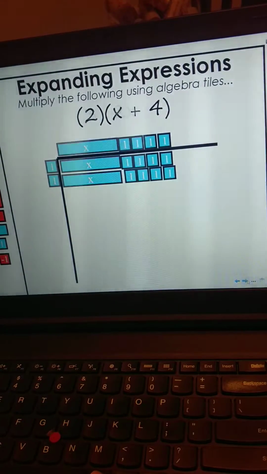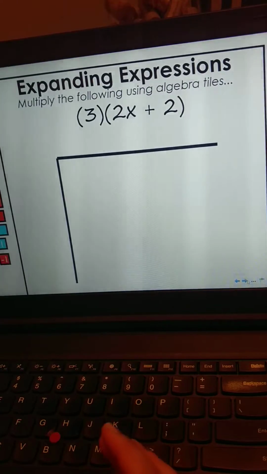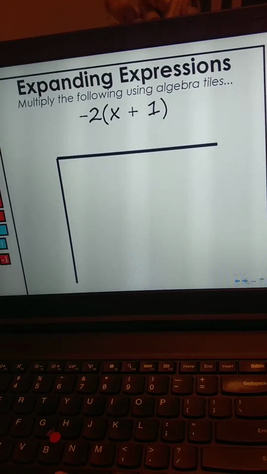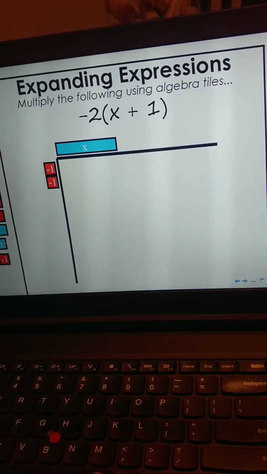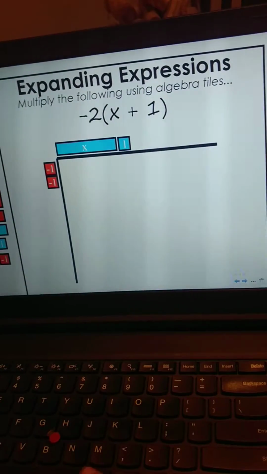So then I might have them try this one on their own, see where they are, address any misconceptions that I see at the time, and introduce this one now because it's a negative. So putting my -2 here, and then my x and my 1. One of the biggest things the students have to know with algebra tiles is that a negative number times a positive number gives you a negative result.